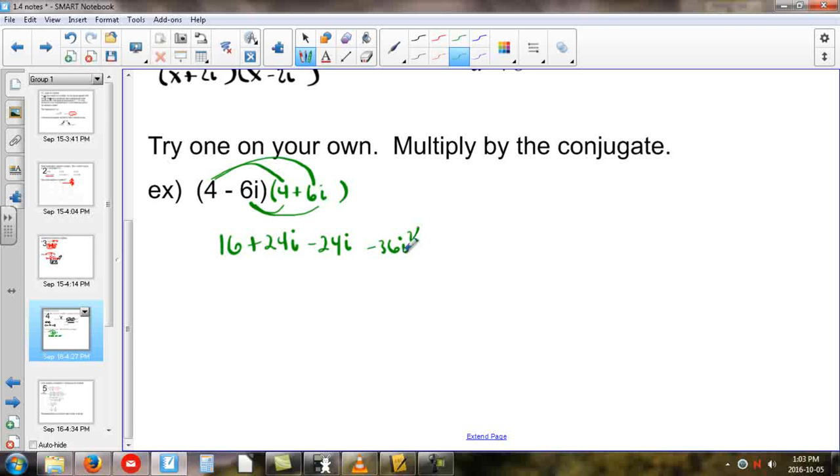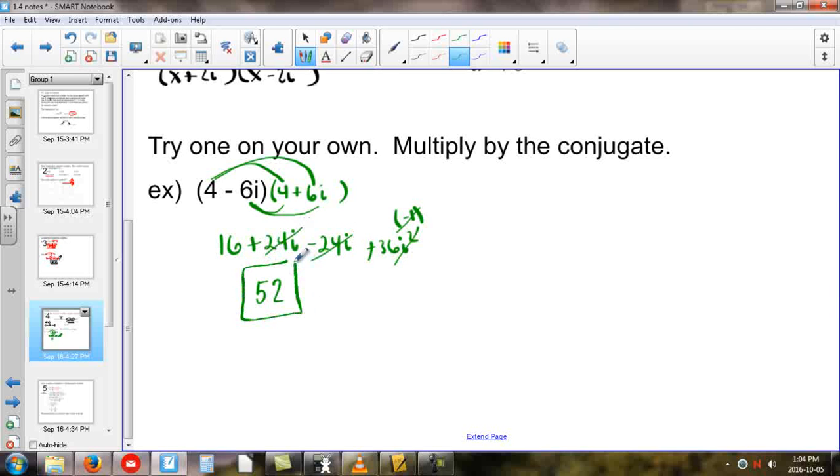Now the i squared, remember, changes this guy's sign. Because 36 was negative, it becomes positive, because the i squared was a negative 1. So now if I combine like terms, I'm going to get 36 and 16 is 52, but the 24i and the negative 24i cancel.